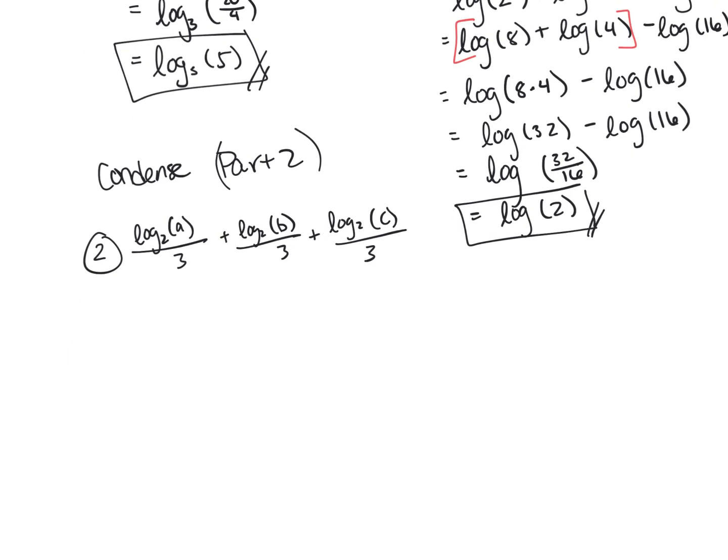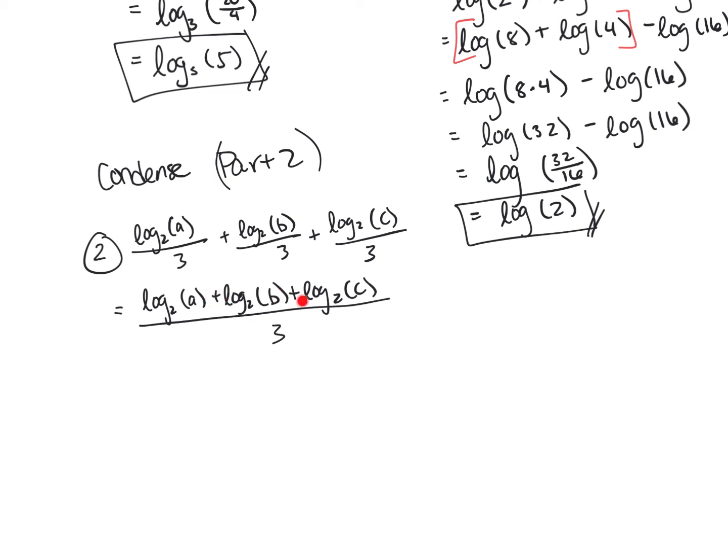Now, lucky for us, all of the denominators are the same, so we can just add all of these together, and we will get log base 2 of a plus log base 2 of b plus log base 2 of c, all divided by 3. Now remember, when we're adding 2 logs of the same base, we multiply their insides.